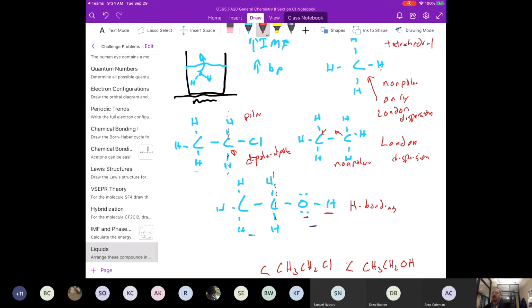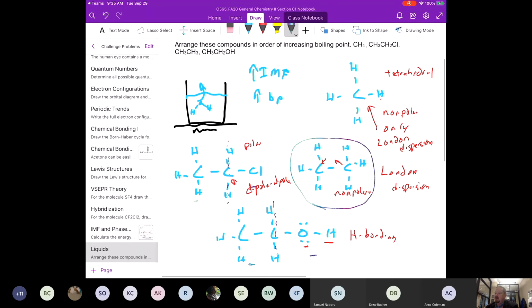If we think about London dispersion as this temporary dipole, the more that we can get these two molecules to overlap another molecule of the same type, the stronger that interaction is going to be. So we can think about these in terms of stackability. So this one, because it is longer and has more mass, is going to have a larger London dispersion force than the methane because it's got a smaller mass.